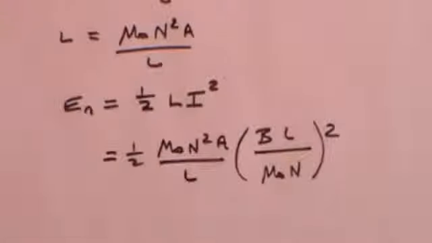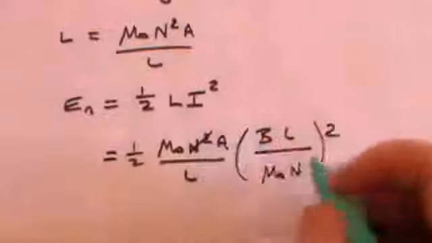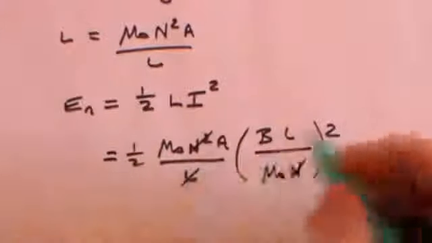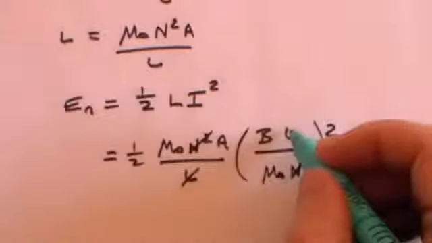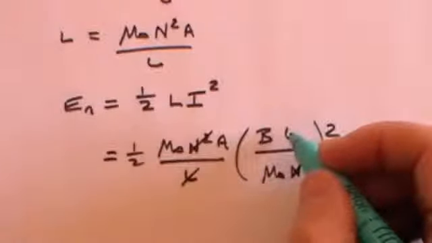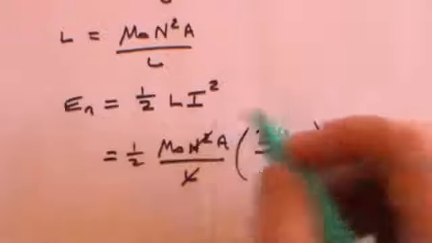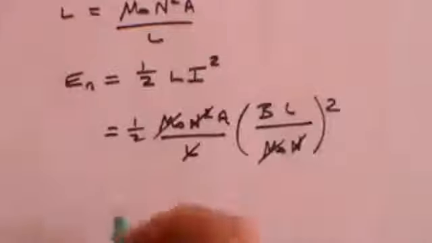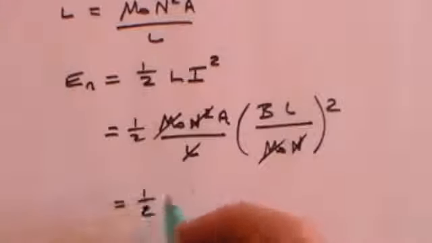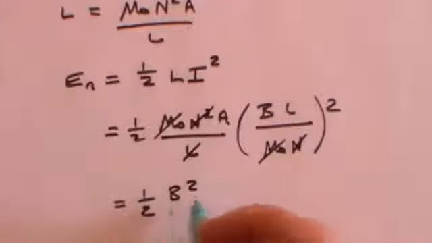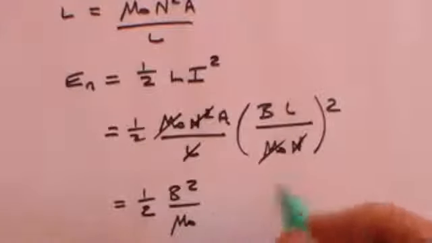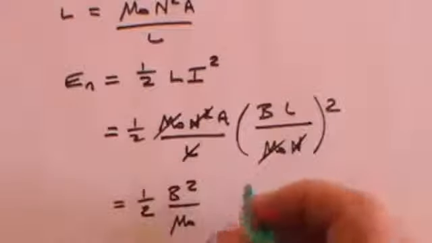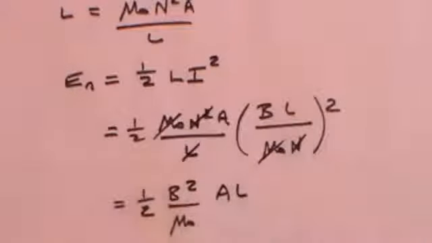And what you find, of course, is that a number of these terms cancel. There's an N squared here and there's an N squared here. There's an L here, which cancels one of the L's in the L squared. There's a mu naught here and there's a mu naught there. And when they've all gone, what you're actually left with is a half B squared over mu naught. Sorry, that mu naught there was squared, of course, so you only lost one of them, times AL.